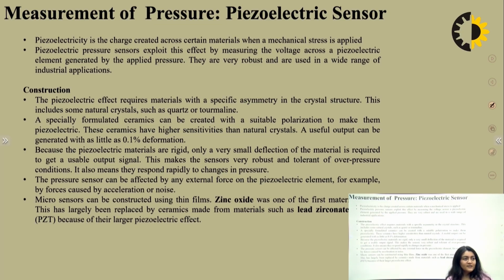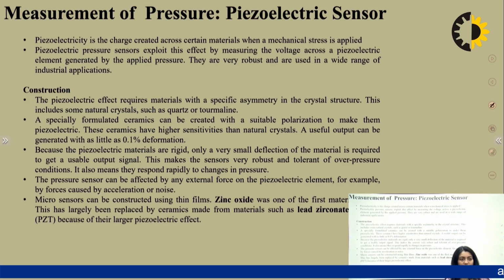Whenever you apply a force or stress to these materials, a charge is created across them. Piezoelectric pressure sensors exploit this effect by measuring the voltage across a piezoelectric element generated by the applied pressure. They are very robust and are used in a wide range of industrial applications.